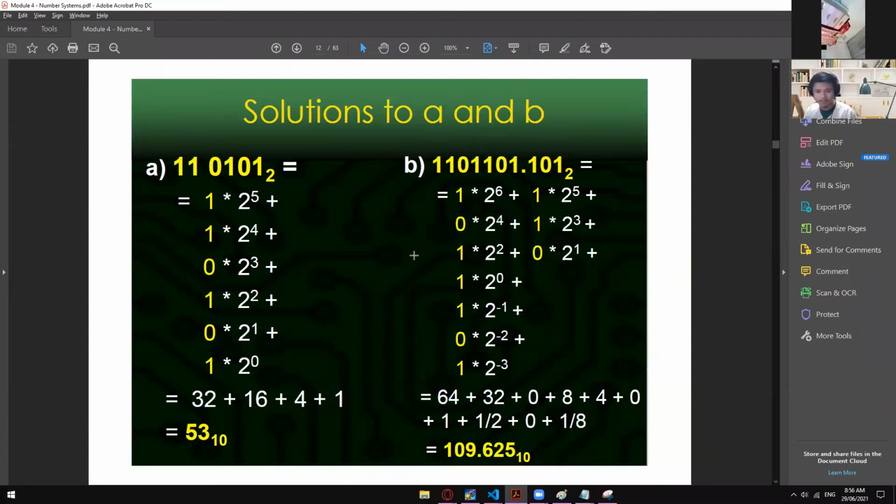All right, so 3. May I know your comment on this one, guys? Is number system hard, or is it still okay to you guys? Can you guys still follow up to this point, or are you now confused a little?